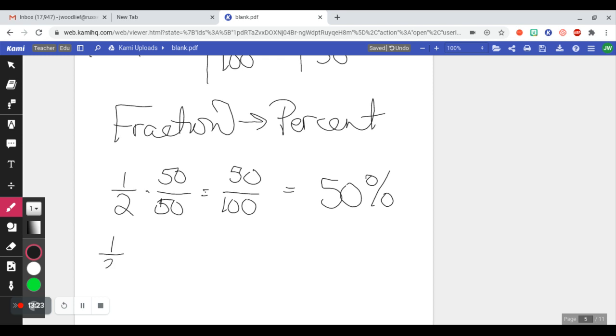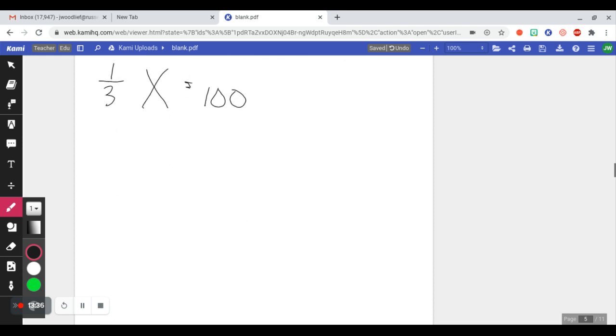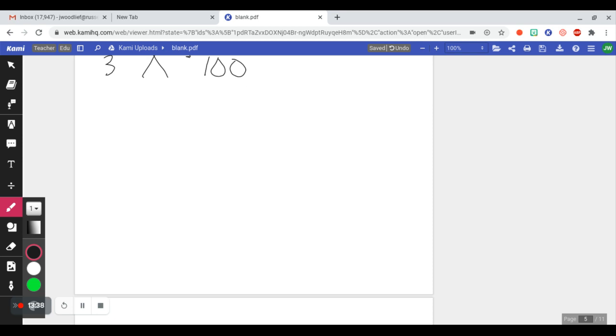Now, 1/3 cannot convert to 100, not evenly. You can force and play with it a little bit, but because it's a repeating decimal, it's quite hard to get up to that 100 unless you carry by a lot of decimal places. But if it's something like a 10th, then yes, you can multiply that by 10 over 10, and that forces it to 100.